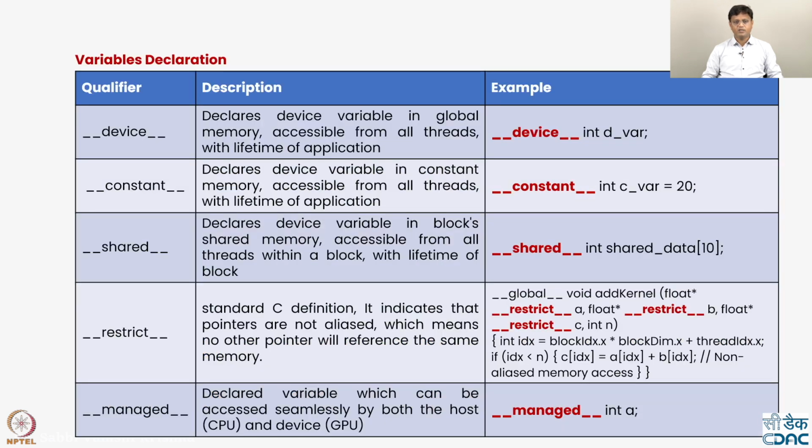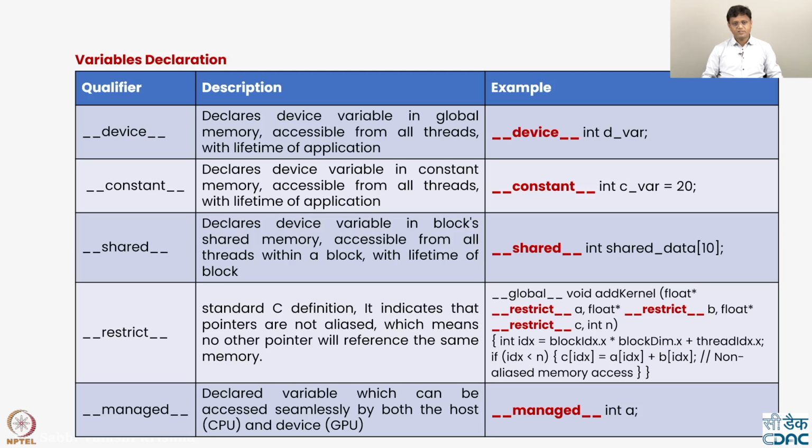The next one is variable declaration. As you know, if you have learned some programming in C, C++ or Java, we declare variables like float, int, character, etc. Similarly, CUDA also supports several variable declarations, and to declare those variables CUDA has provided some qualifiers.